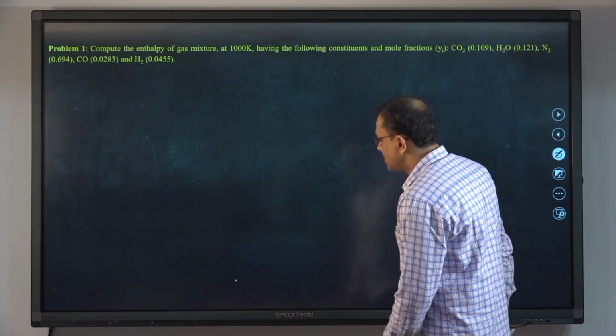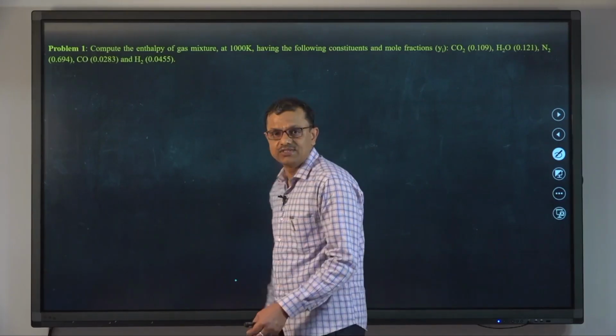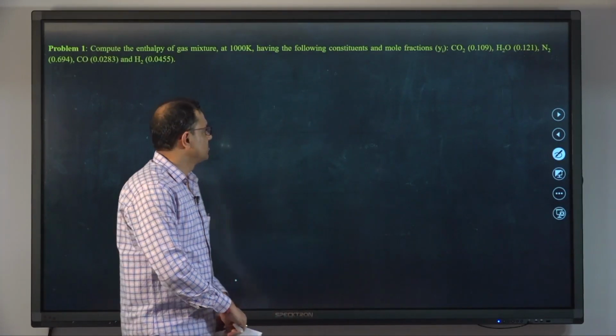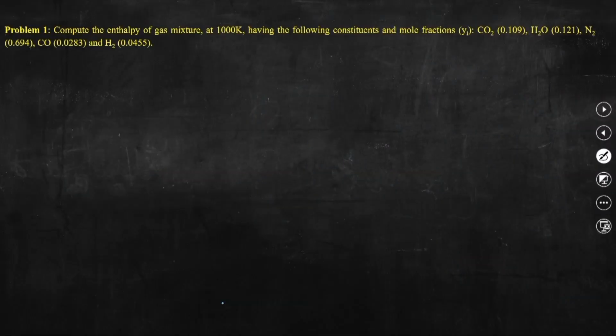Okay. So, this is the problem statement. Let me read the problem statement first, then we shall try to see the solution procedure. So, in this problem statement it is given, compute the enthalpy of gas mixture at 1000 Kelvin having the following constituents and mole fraction.